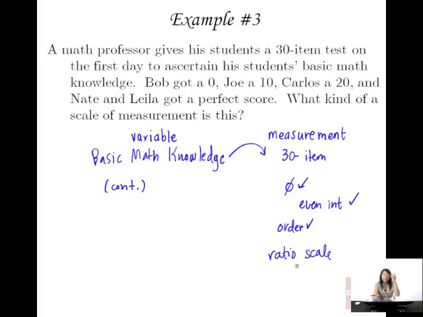There is one way that it could not be a ratio scale, and that is this. If the questions are differing levels of difficulty, so there are really difficult questions and really not difficult questions, that could sort of screw us up. But let's just assume right now that all the items are roughly similar levels of difficulty. If so, then I would go with ratio scale.